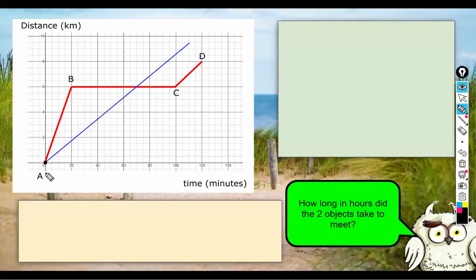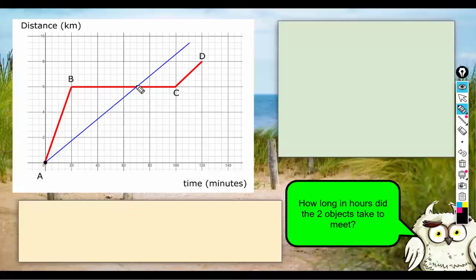The graphs are measuring the distance from point A at the beginning of the race. Now, for two things to meet, they must have what? The same distance. If you and someone else are running a race, the only time you will meet is when you are the same distance from the starting point.